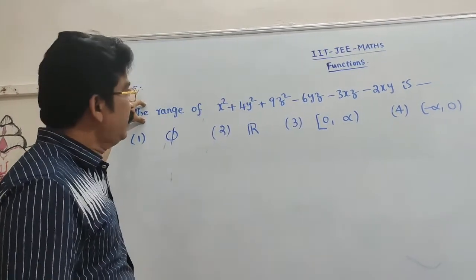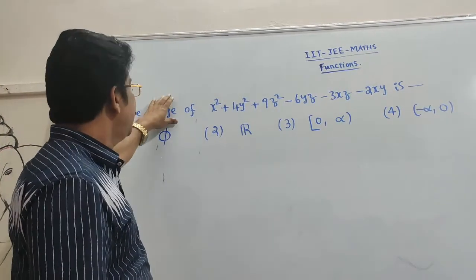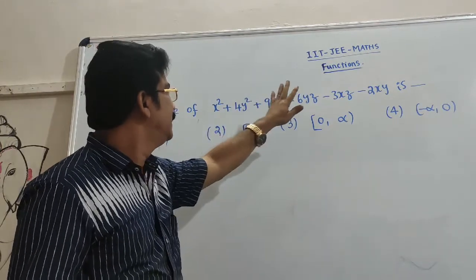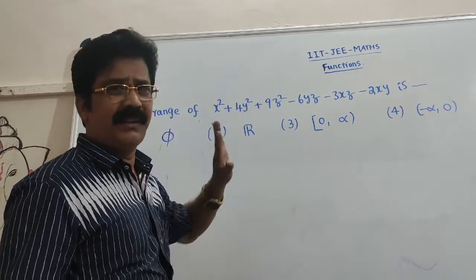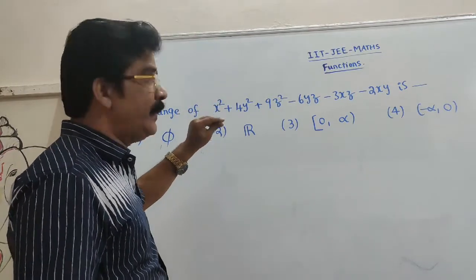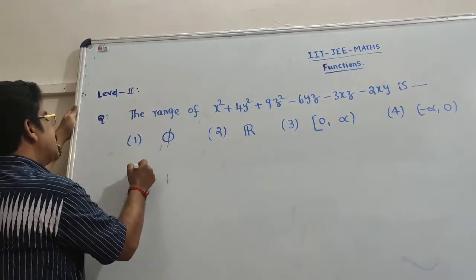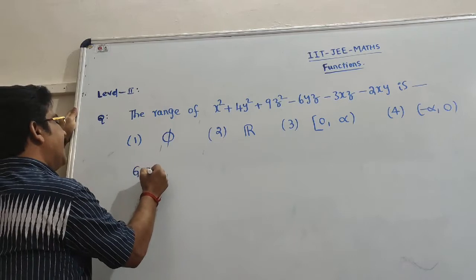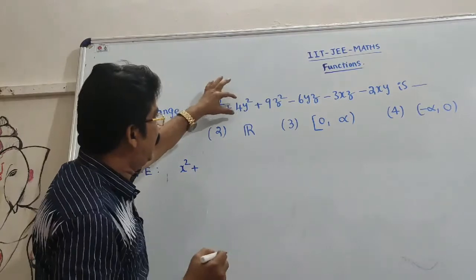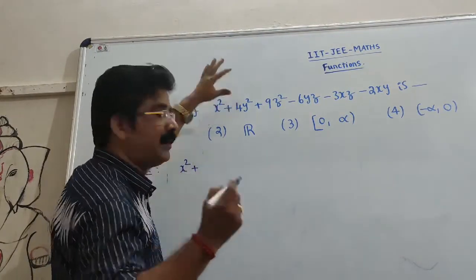Next question. It is a somewhat different question. Find the range of it. It is a second degree expression in terms of x, y, z. But one easy way is there, and clearly we see the given expression: x square plus 4y square means it is written as 2y whole square.